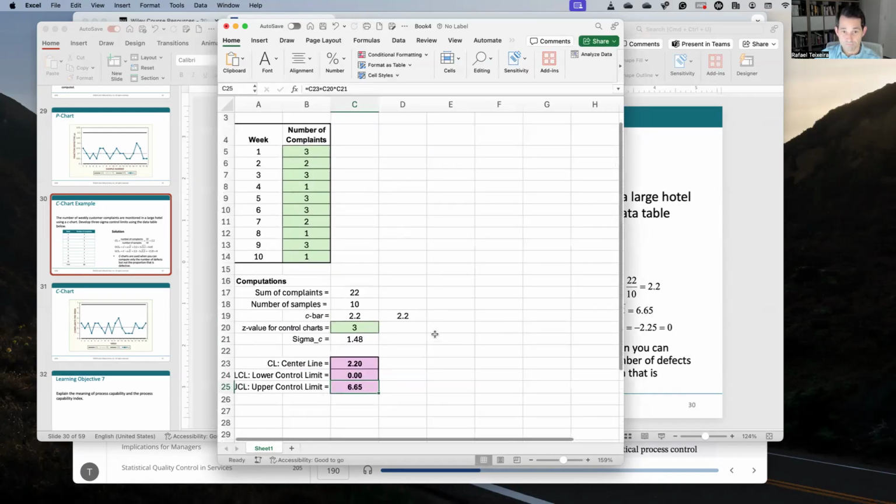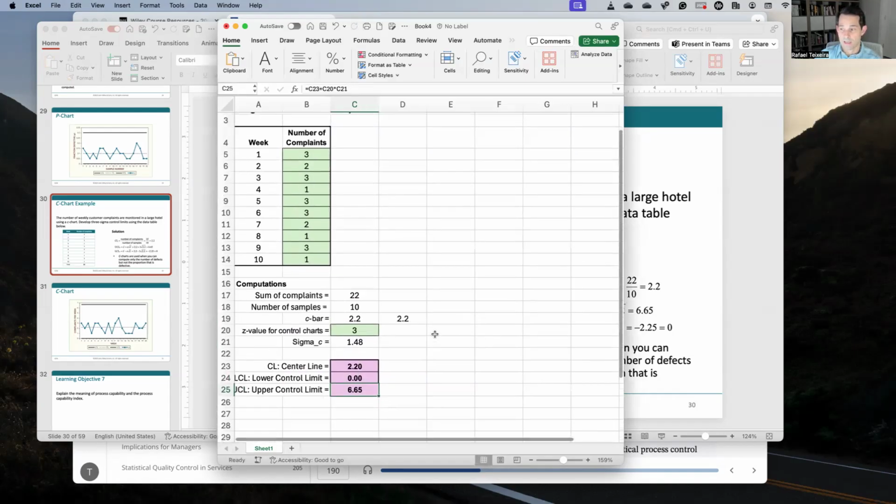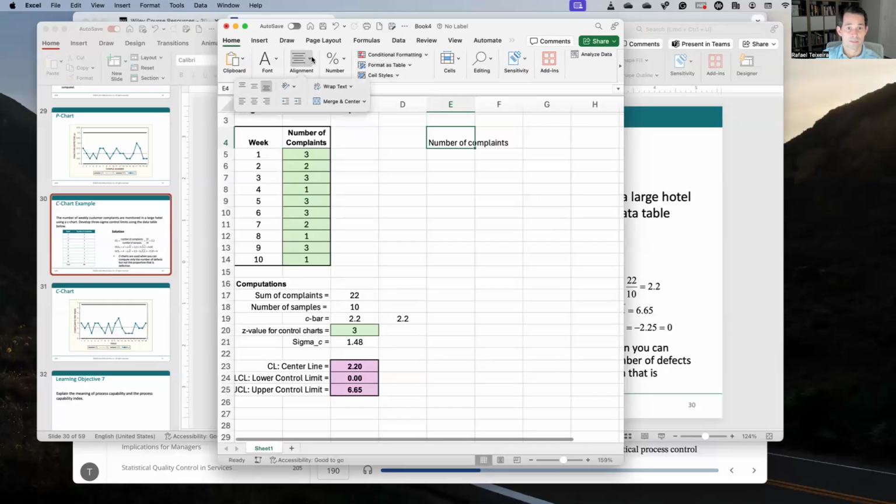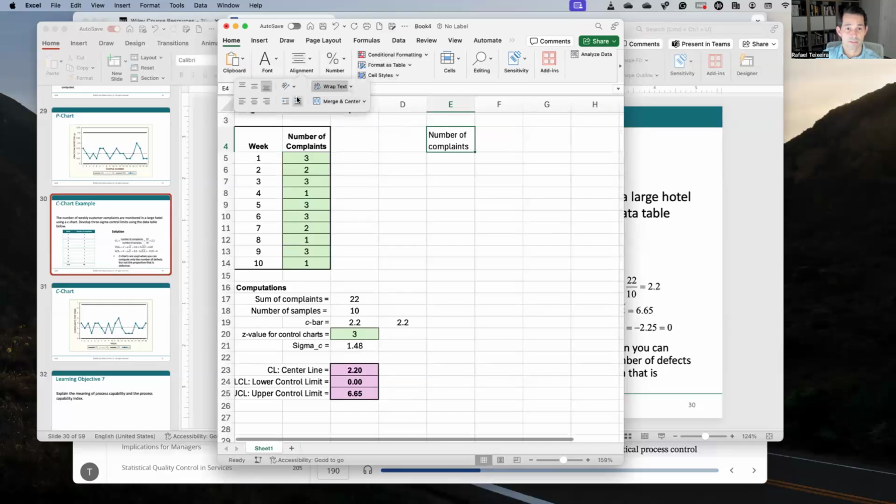Now I can build my number of complaints column to be able to build the chart. Let me wrap this text and centralize everything.